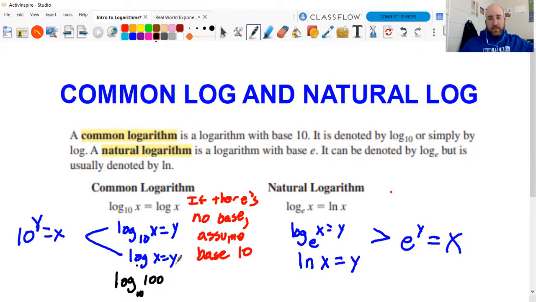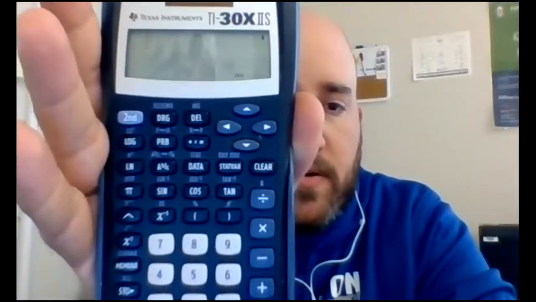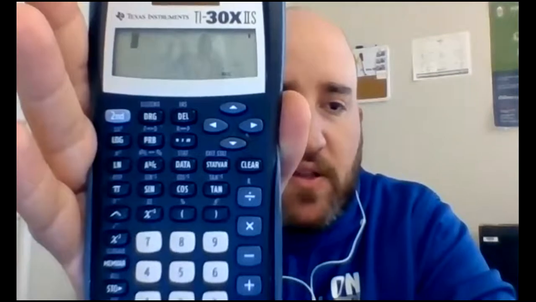So I don't know if this will make it any better when I've tried to show the calculator in the past. Let me stop sharing for a second, and it'll pull up me blowing up pretty big. All right, so let's look at our calculator. Scientific calculator. Again, if you look under the second button, there's log and ln. Our calculator always assumes log base 10. That's what it's programmed to do.